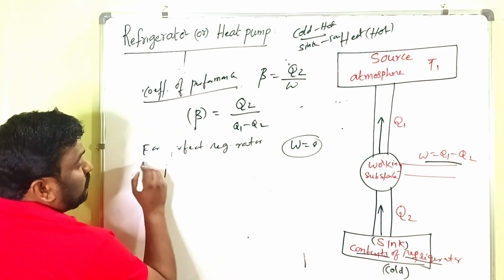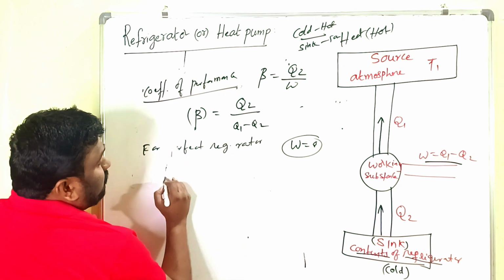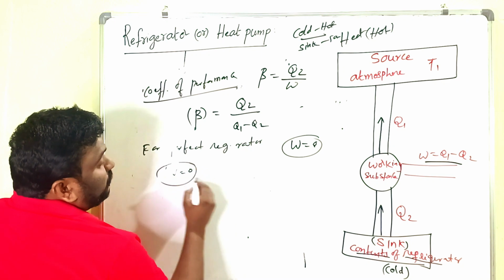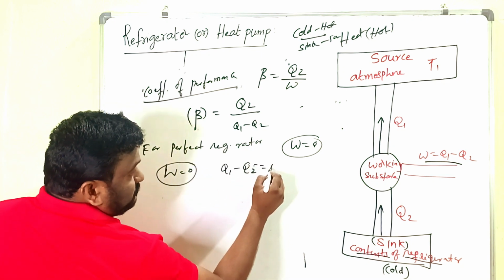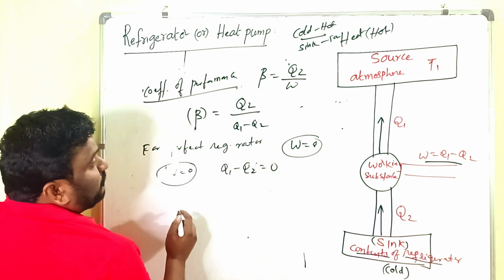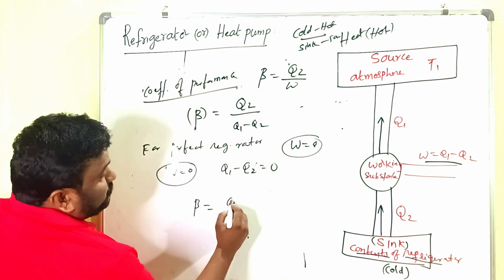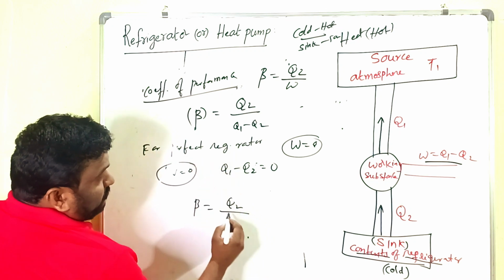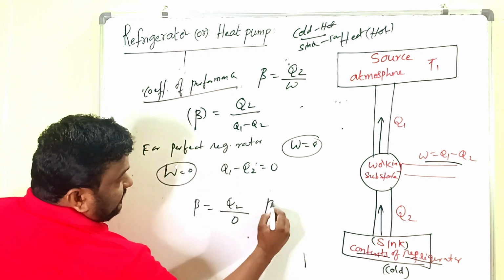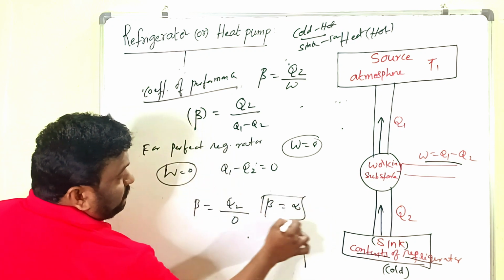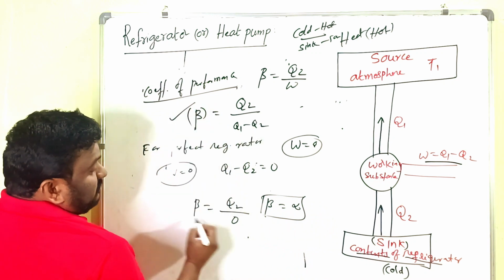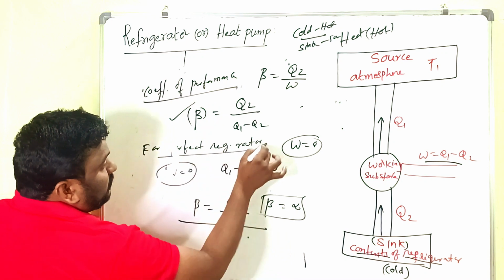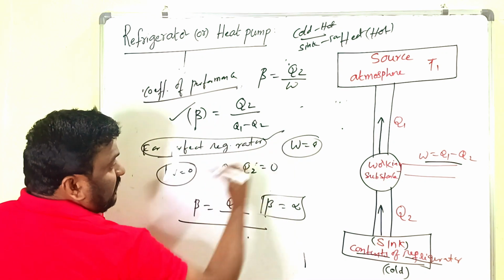So for a perfect refrigerator, W is equal to 0. It means that Q1 minus Q2 is equal to 0, and beta is equal to Q2 by 0, so beta is infinity. Clear? This is for the perfect refrigerator only.